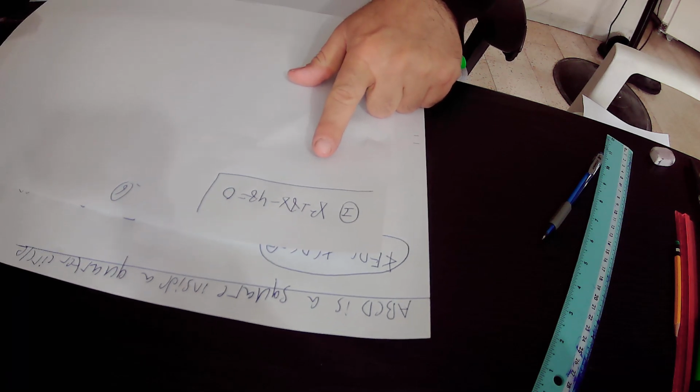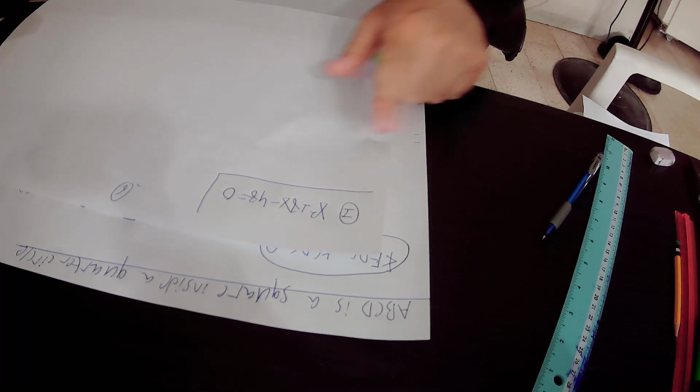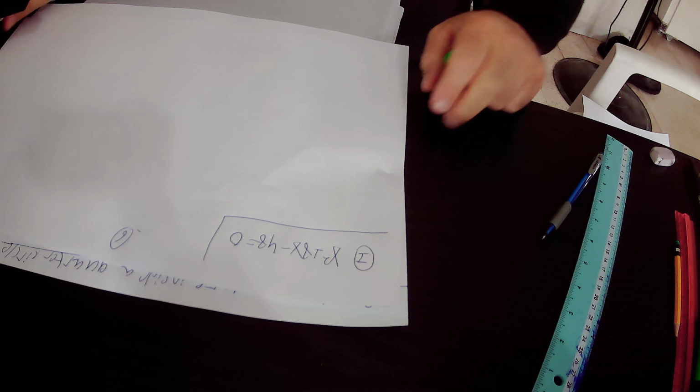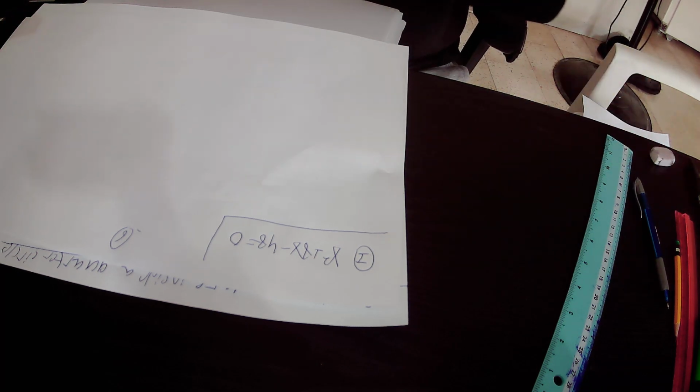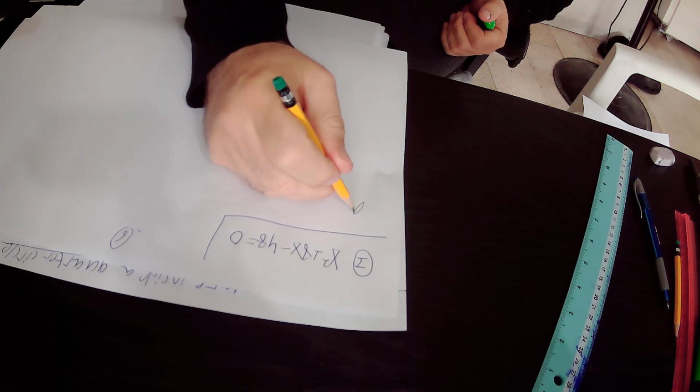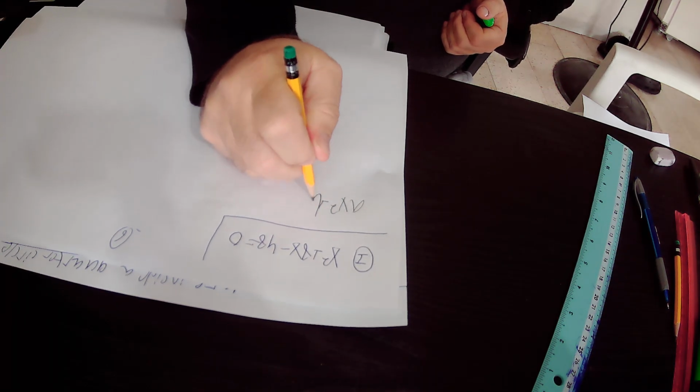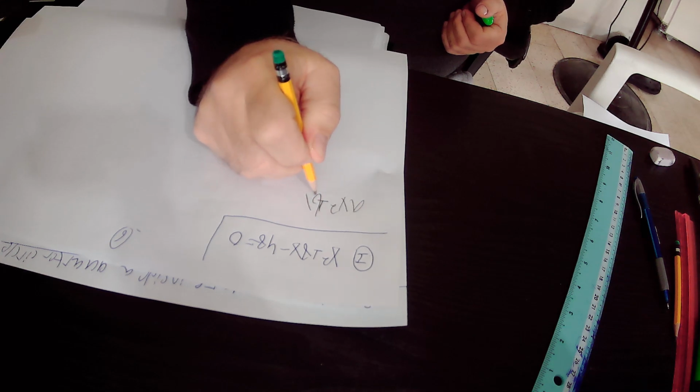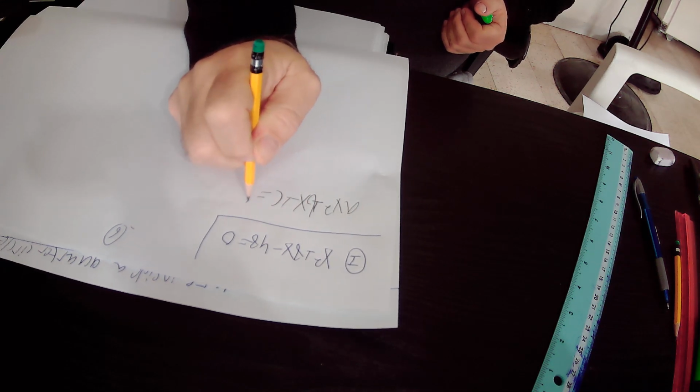We know that this is a quadratic equation, and the general formula for a quadratic equation is ax squared plus bx plus c equals 0.